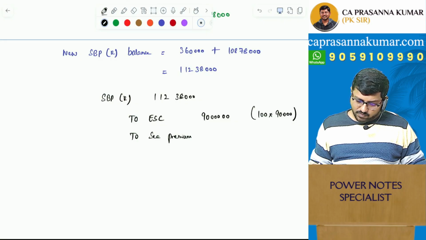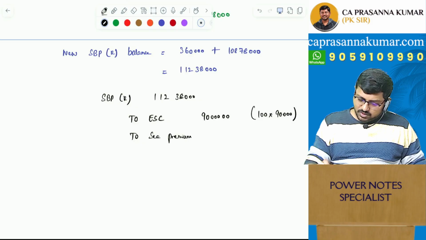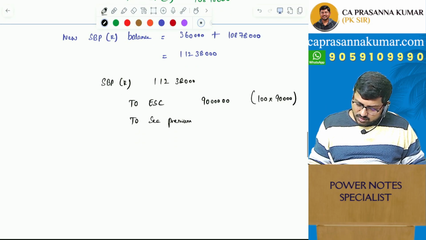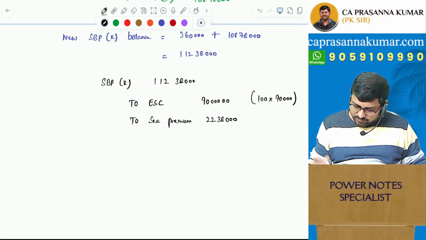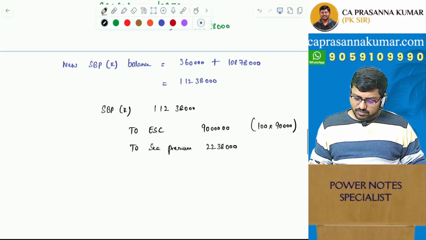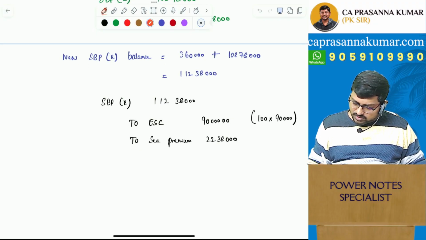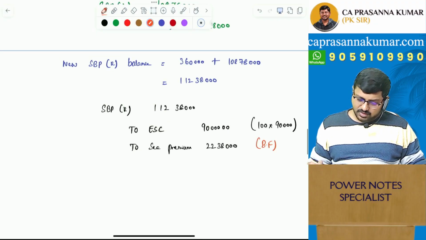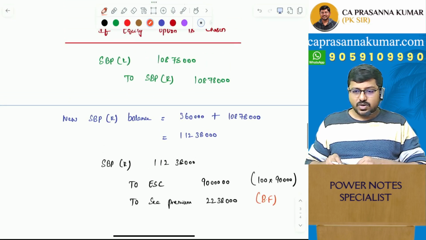So 1 crore 12,38,000 minus 90 lakhs is 22,38,000. So 22 lakhs 38,000 will go to what? Securities premium. Obviously, this is the balancing figure. That's it. So this is your answer. Finish it off.